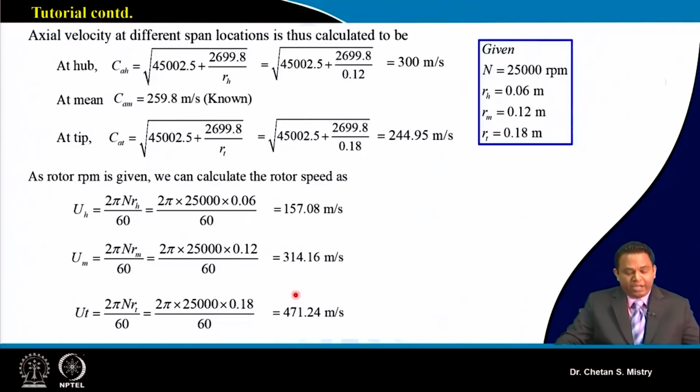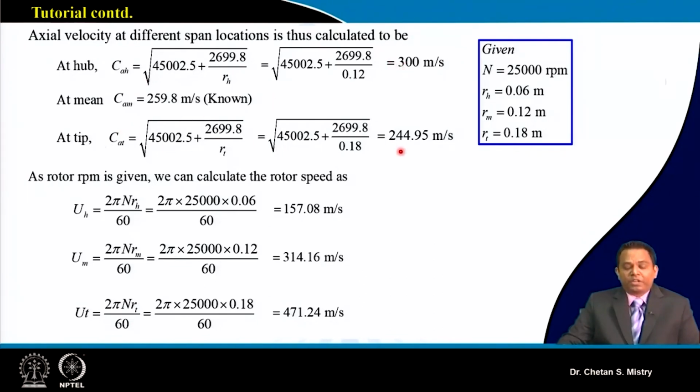Now, my radius for hub, mean and tip station are known to me. At hub it is 0.06 meter, at mid it is 0.12 meter and at the tip it is 0.18 meter. So, we can calculate our axial velocity at the hub, that is coming 300 meter per second.